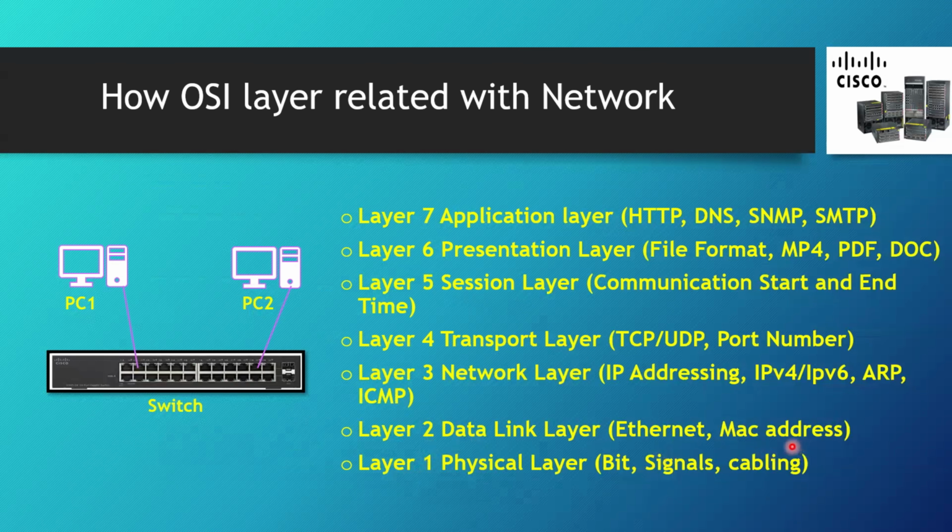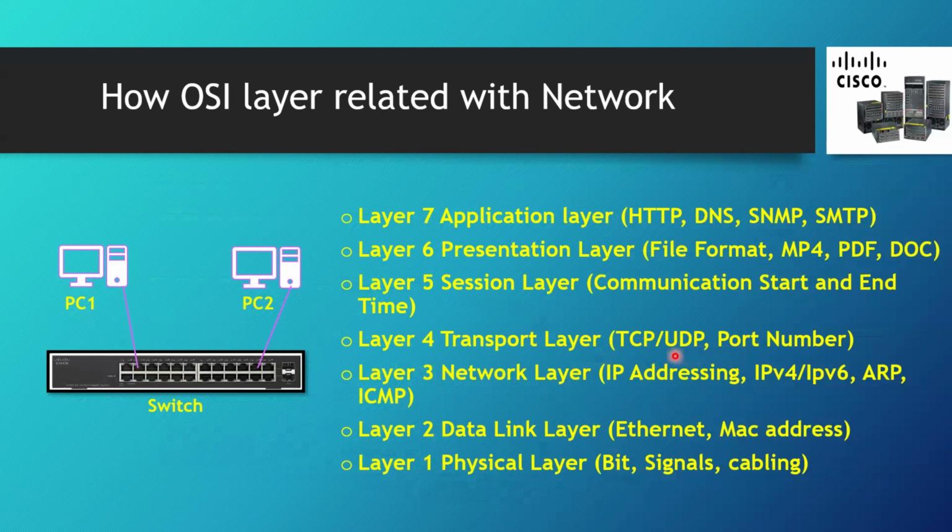If the right device is connected, then you check whether there are IP address issues. If the IP address is okay and perfect, then you check whether any port is blocked, any protocol is having issues, or whether a firewall is blocking something.